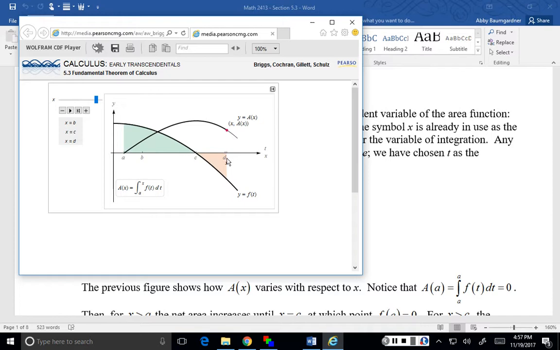So if it's below the x-axis, it's going to return negative values, and those negative values will impact the overall area function. Our net area function is falling because it's a cumulative effect, and we're adding those negative numbers in now.